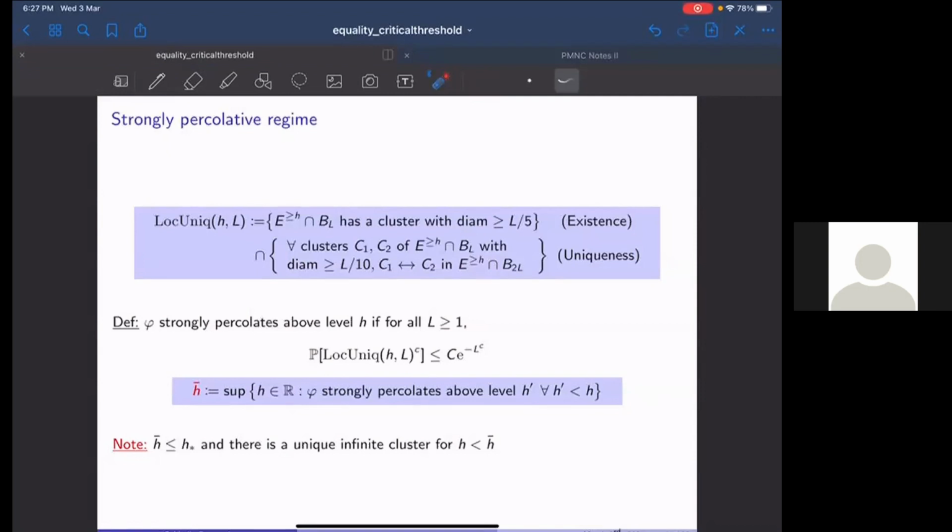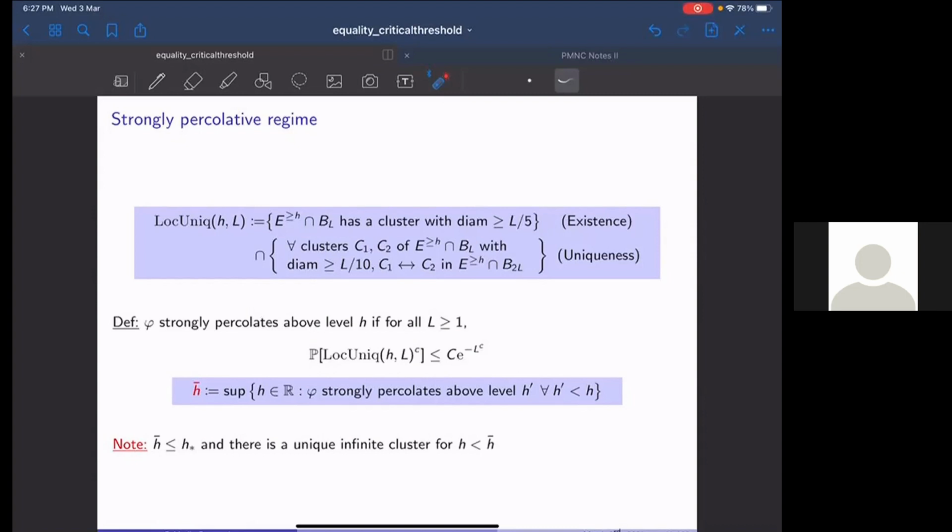I'll take 1 minute to say the plan of the next 2 lectures. As I told you, we similarly define a level H bar, such that whenever you are below H bar, your local uniqueness events at all scales satisfy this bound that you see here.